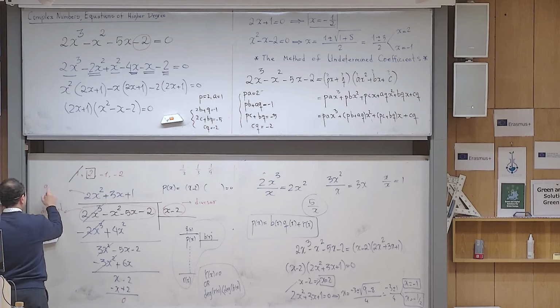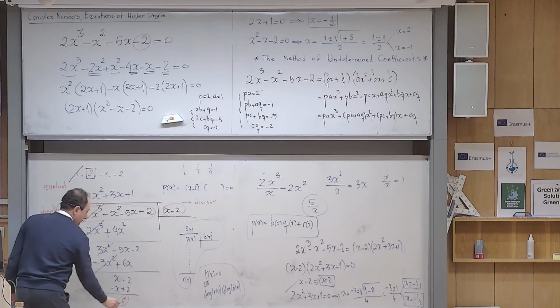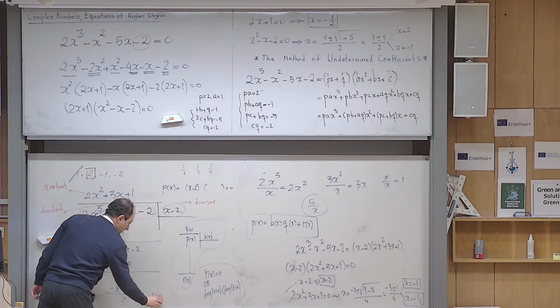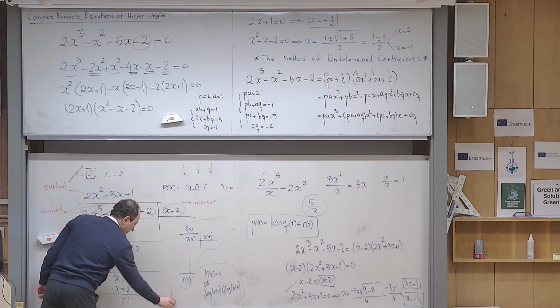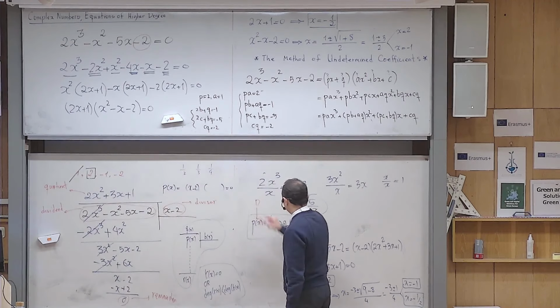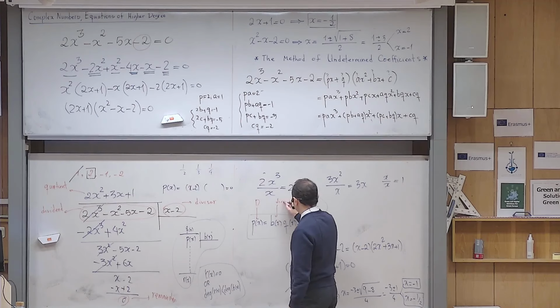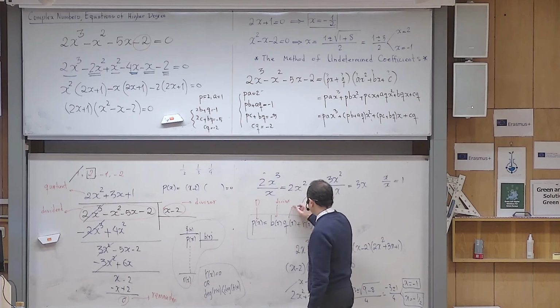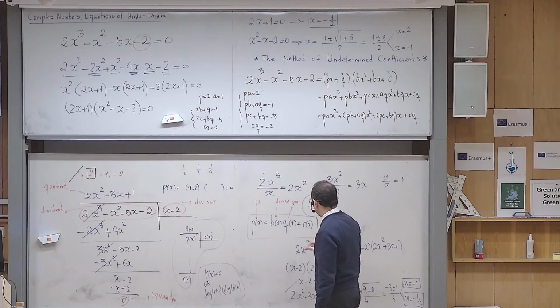So that's the quotient. And this one, remainder. So here, the dividend, the divisor, the quotient, and the remainder.